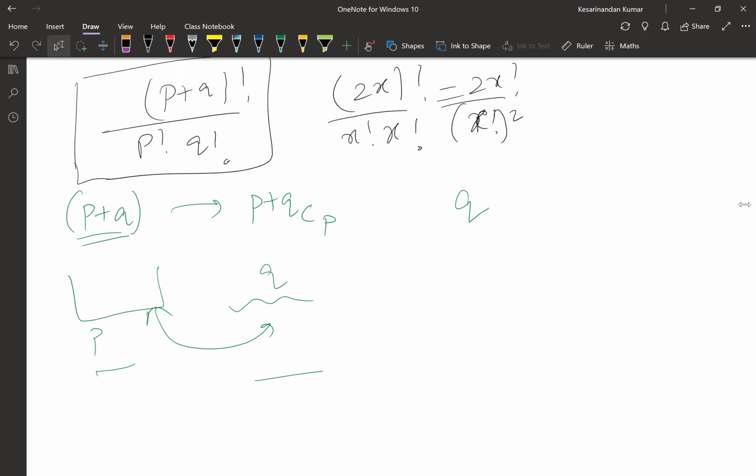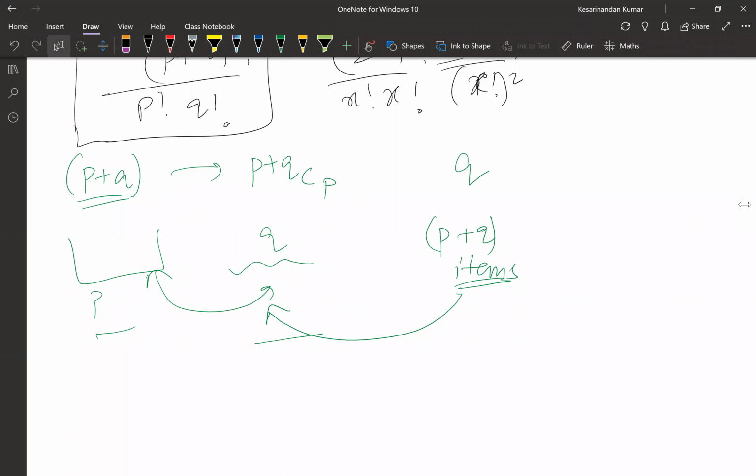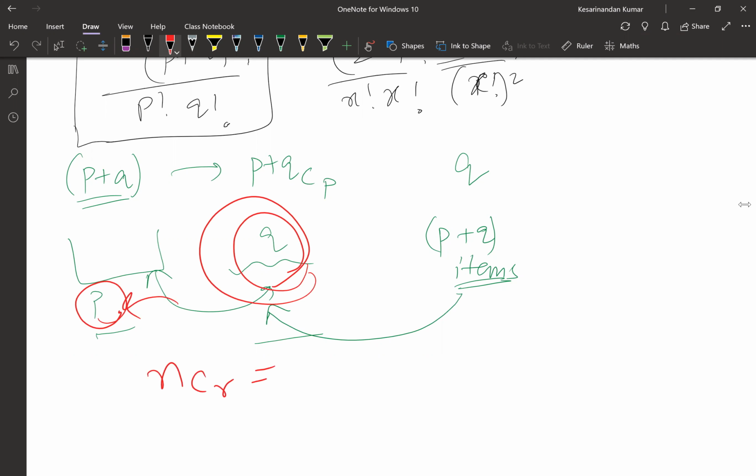So p plus q items can be divided into two groups in how many ways? That means in how many ways I will choose p and reject q, or even the other way around, I will choose q or reject p. It will be the same because nCr is equal to nC(n minus r).